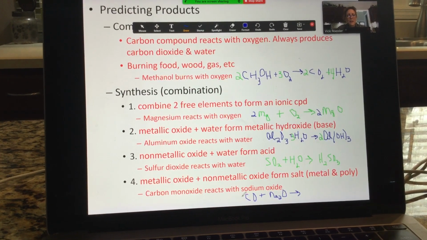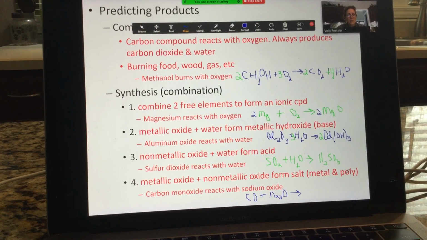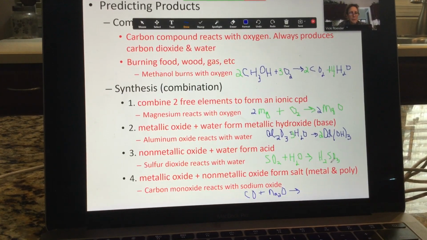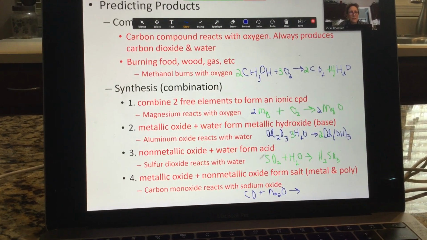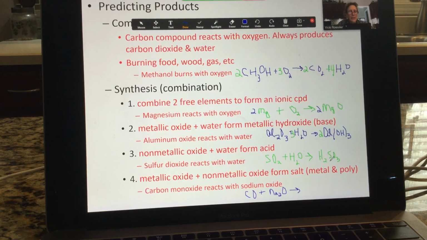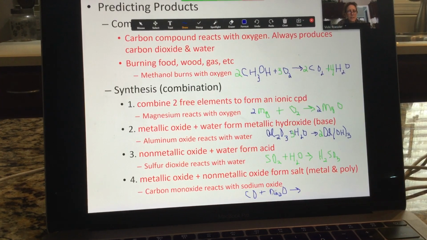So our metallic oxide and non-metallic oxide are going to combine together and make a metal and a polyatomic. And very much like up here with our non-metallic oxide and water forming an acid, where we just combine these all together to make the acid, we're basically going to do the same thing down here with this fourth synthesis reaction.